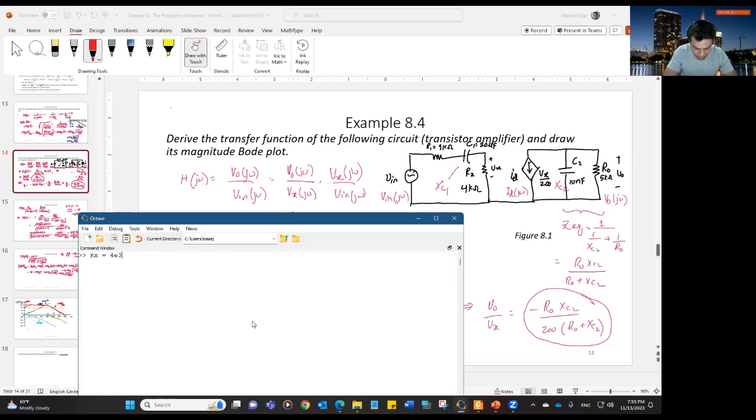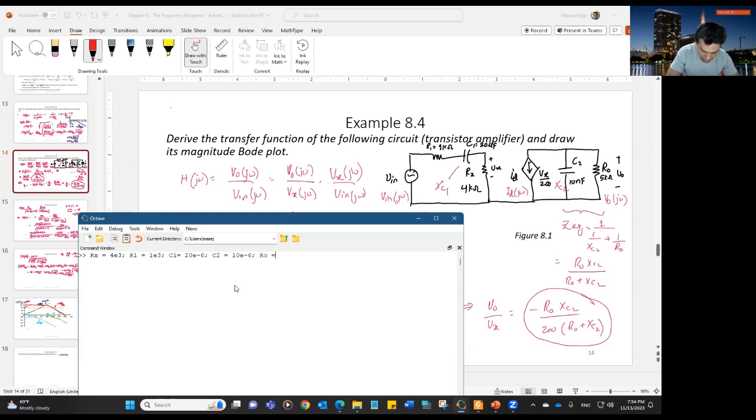So Rx is 4K, R1 is 1K, C is 20 microfarad, C1 is 20 microfarad, C2 is 10 nanofarad, and R out is 5K.